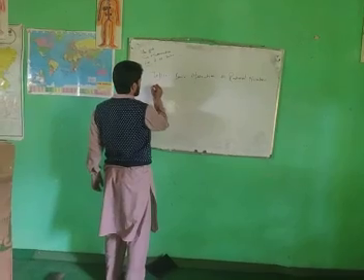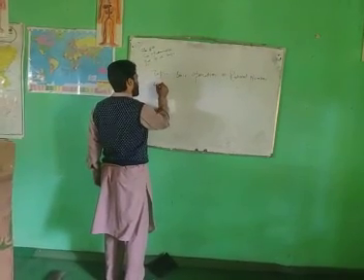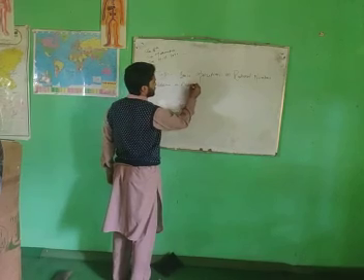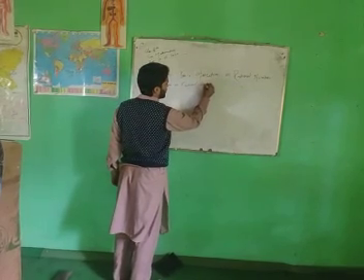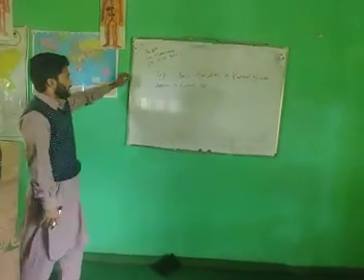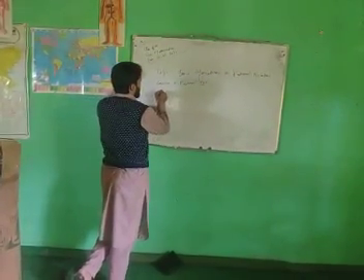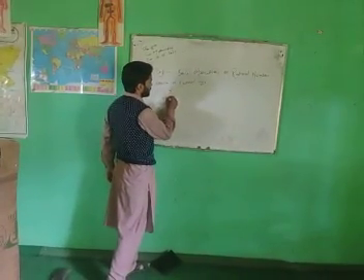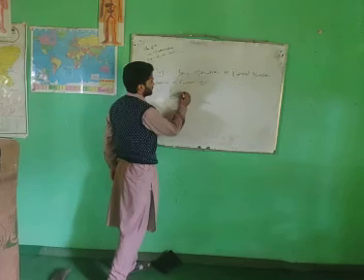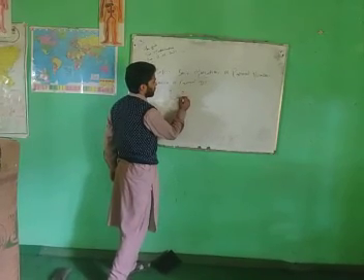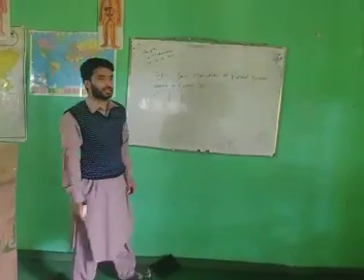First one is addition on rational numbers. I will write short and dot s. For example, I have a question. I have a rational number 3/5 plus 4/5. It is a rational number.